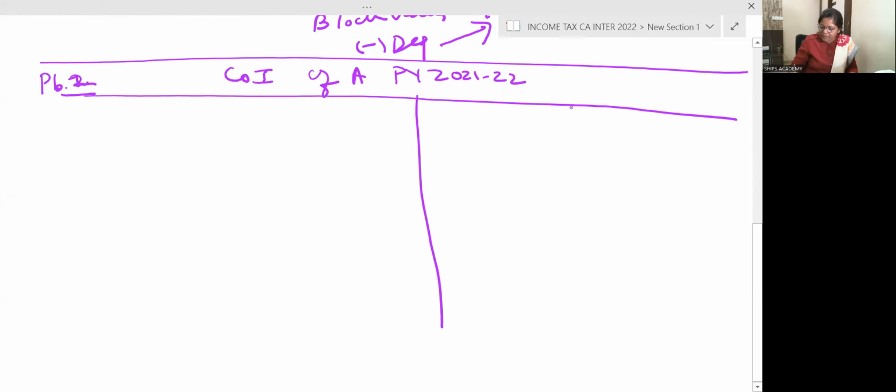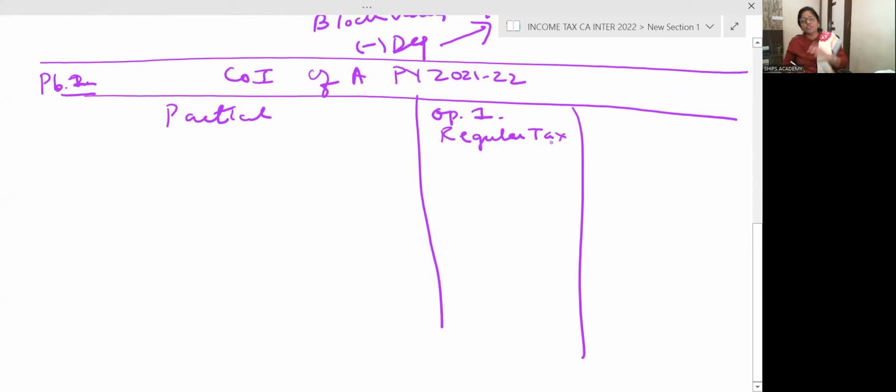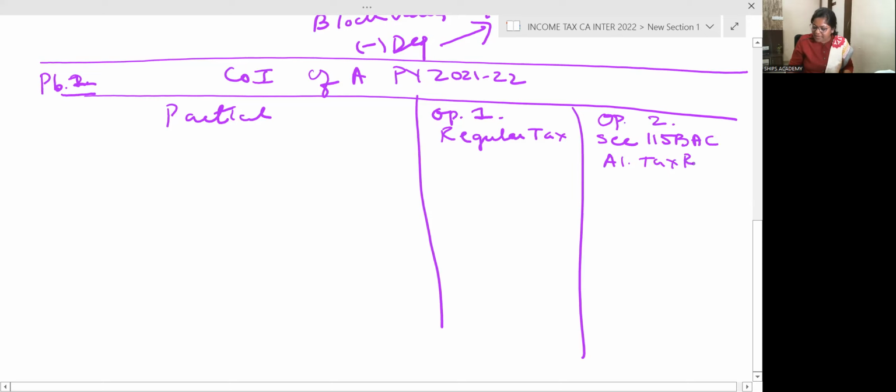Particulars in a double column. Ma'am, for some working, put all in working notes, because as it is you are doing it with a choice. Particulars. Option 1, regular tax. Regular tax, what we have been doing since so many days in computation of income, we have solved problems up to 22. And this is your option 2, our favorite section 115 BAC. Write it, saying the name sounds nice, like calling someone by name. Alternative tax regime.